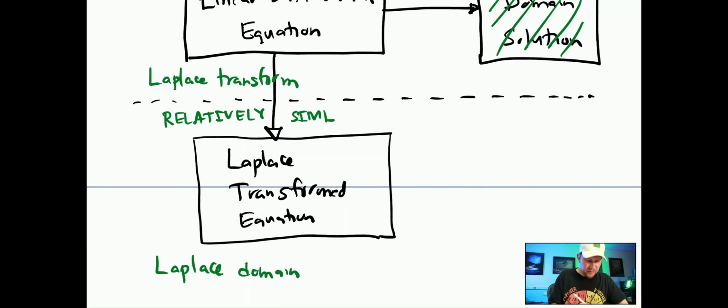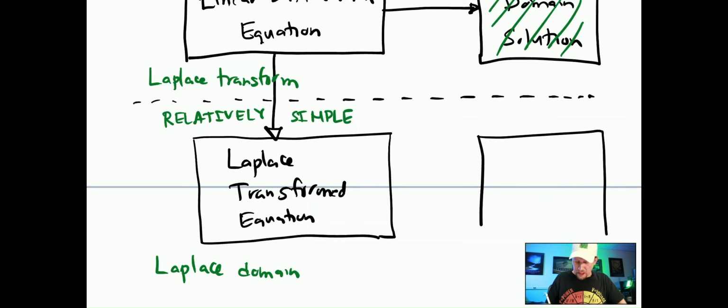The reason it happens to be relatively simple is because when it comes to various common functions, you can use various tricks and tables to actually get the Laplace transform of that common function, giving the Laplace transformed equation. Now, the beauty of this is that once you have the Laplace transform equation, you can then find the Laplace domain solution here.